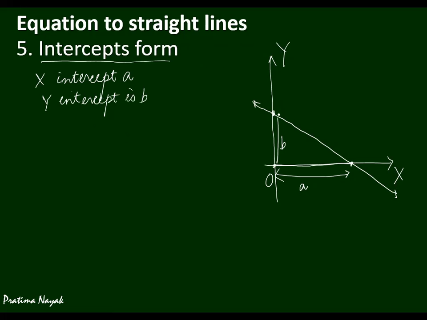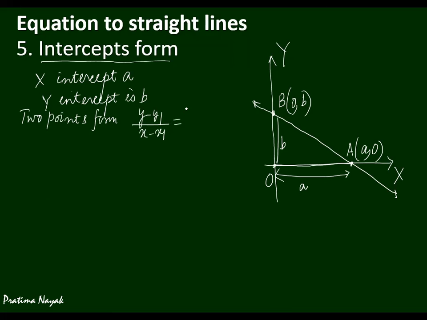Now I'll frame the equation. So let this point be a, whose coordinate is (a, 0). Let the other point be b, then its coordinate is (0, b). So I will put it into two-point form. What was two-point form? Two-point form was y minus y1 upon x minus x1 is equal to y2 minus y1 upon x2 minus x1.